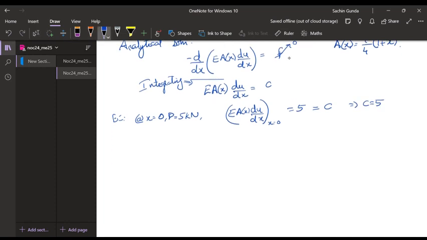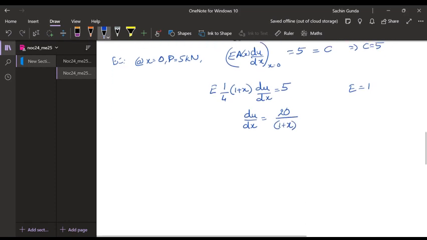And then A is nothing but 1 by 4 times 1 plus x, so (1 by 4)(1 plus x) du by dx is equal to 5. So du by dx is equal to 5 times 4, which is 20. And if you remember, we took E as 1 just for the case of simplicity, so 20 by 1 plus x.